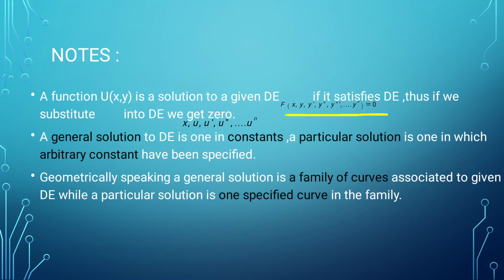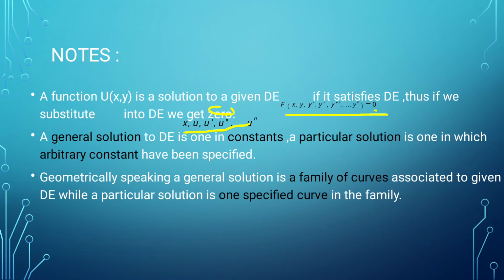If it satisfies this DE, satisfying it means that if you substitute, you get the answer that the DE is given to have. Thus, if we substitute this particular solution into that DE, we automatically get 0. So in this case here, we expect the answer to be 0.